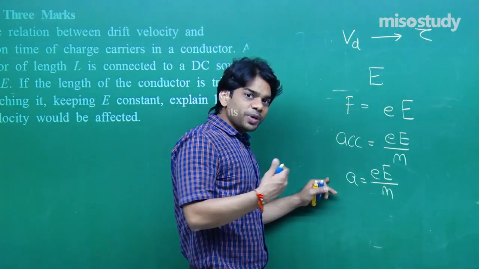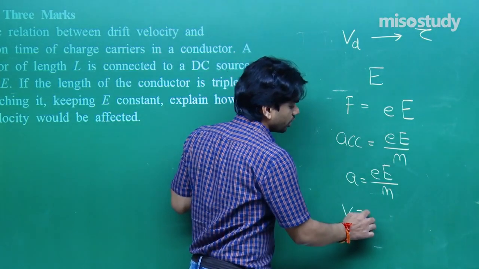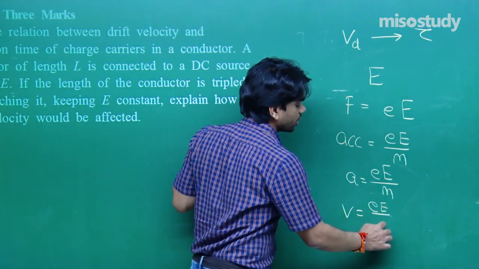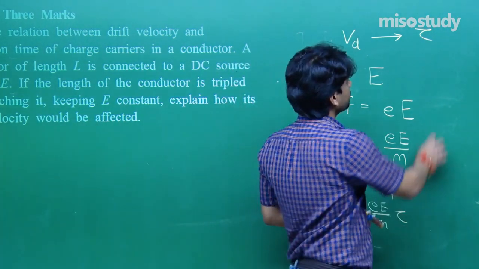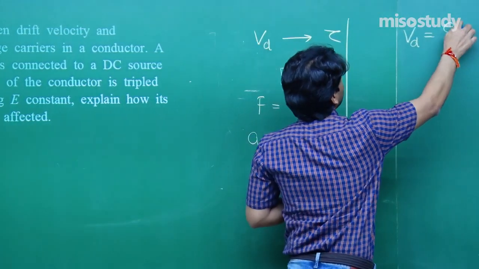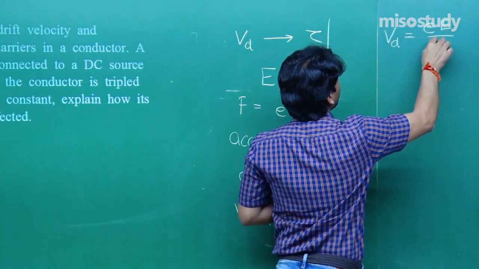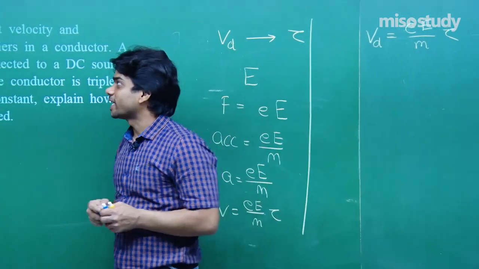Now speed, if I use v equals u plus at, so u is 0, eE by m into relaxation time tau. So we got this relation, drift speed, which comes out to be eE by m into tau. E is the field that has been applied.